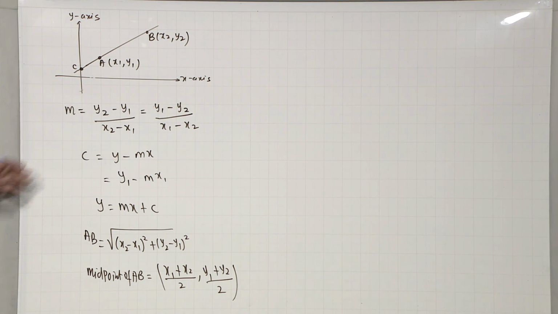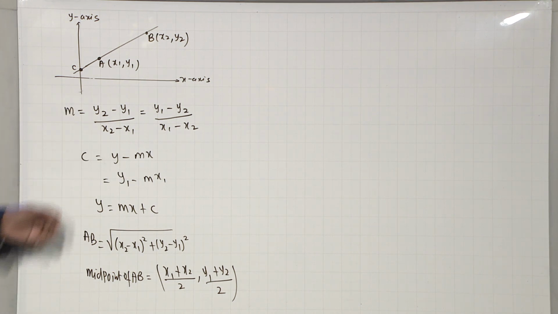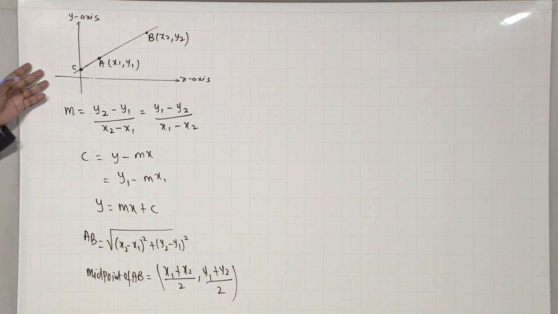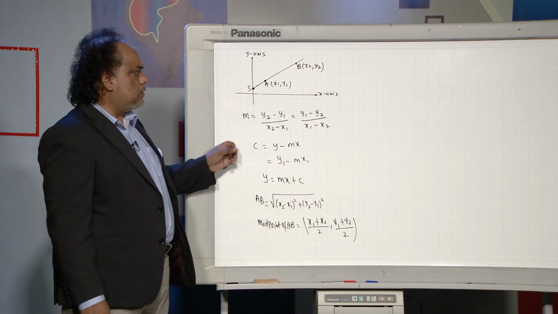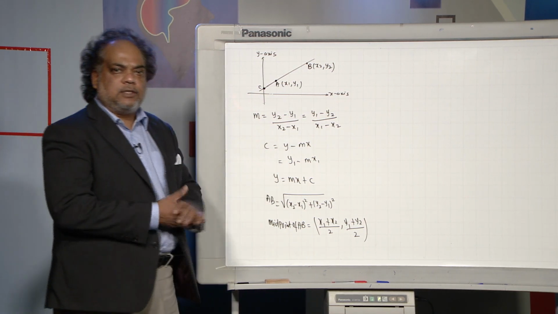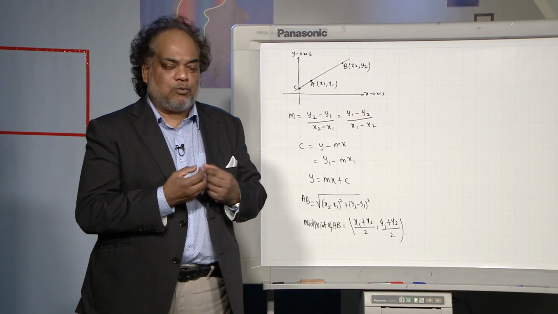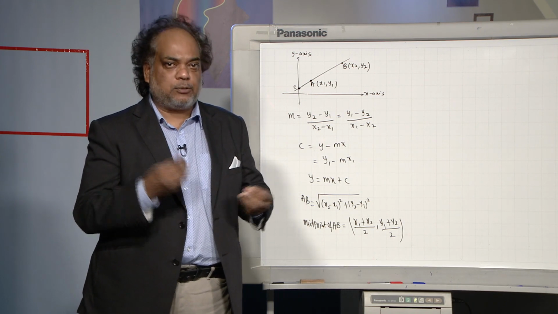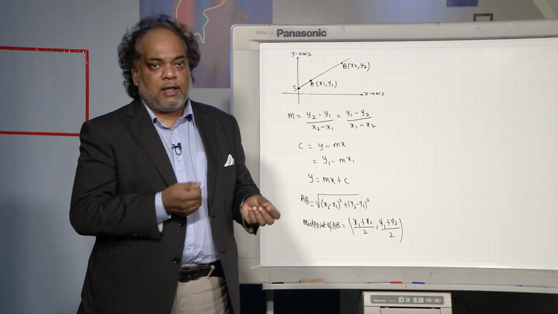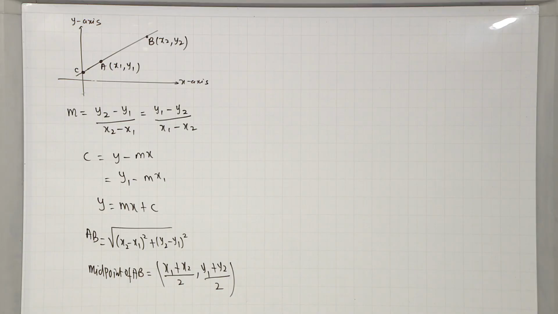It's quite common that you have one question which asks you to do all these steps. So you must remember these formulae, and those doing additional maths would go a few steps further in calculating other quantities. I hope you enjoyed this unit on coordinates, especially on the equation of a line, on the interpretation of what the equation of the line is, what x represents, what y represents, what the gradient is, and how to calculate the distance between 2 points and the midpoint of the line segment.